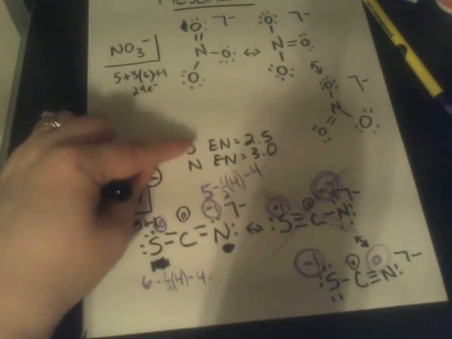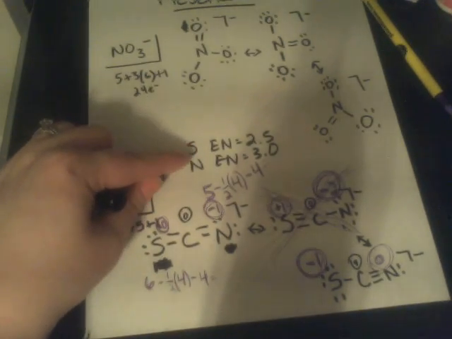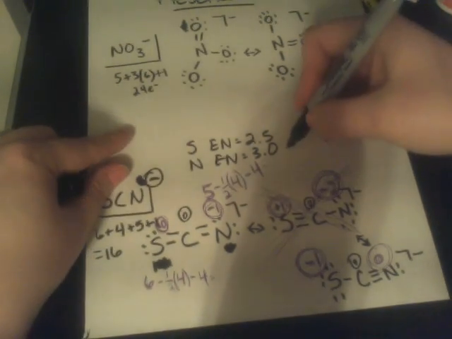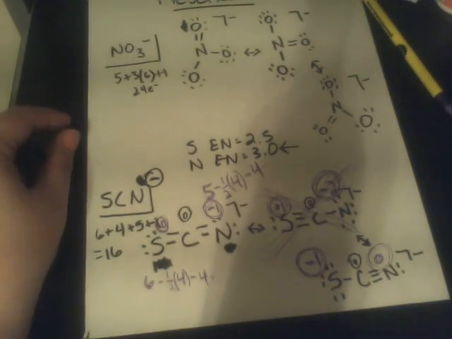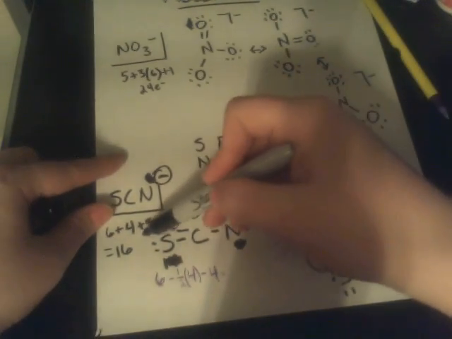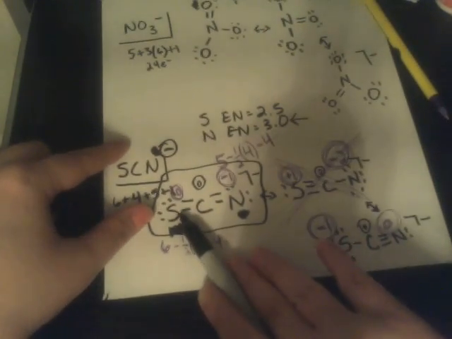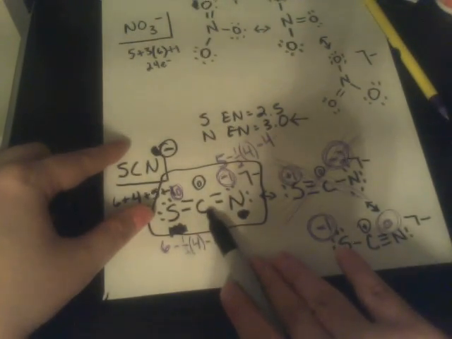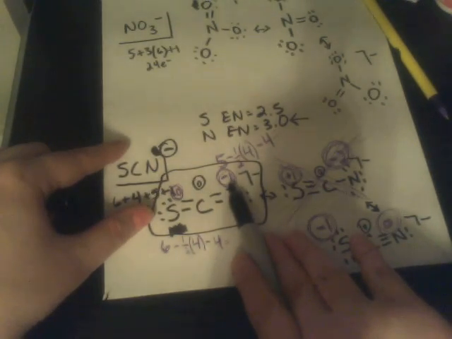All right, so that is the difference between sulfur and nitrogen. So the negative charge would rather exist on the nitrogen or on the sulfur? The negative charge would rather exist on the most electronegative atom. So it would rather be here, where sulfur is double bound to carbon, and nitrogen is the one that has this negative charge.